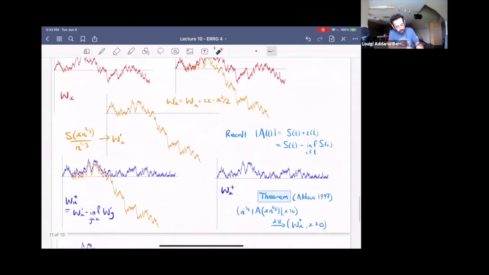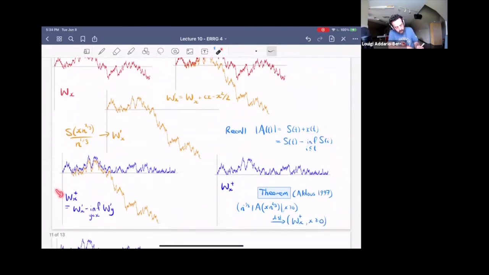And that's this blue drawing here in the limit. So W plus, I'm calling it, is W prime minus its running minimum. Okay, and that gives you a process that looks like this. The heuristic then is that the excursions of this process away from 0 should correspond to the component sizes in the random graph.